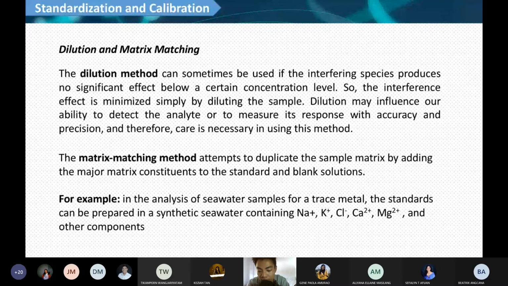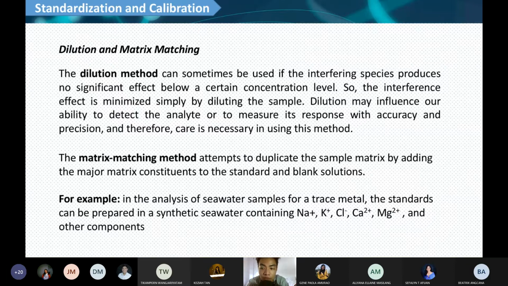And then the last technique is the dilution and matrix matching. Dilution can be used when your interferences are significant in instrument responses. For example, when you're doing measurement, the instrument detects your interferences, then you can use the dilution method. So what's dilution method?